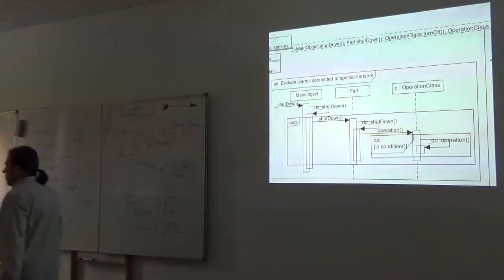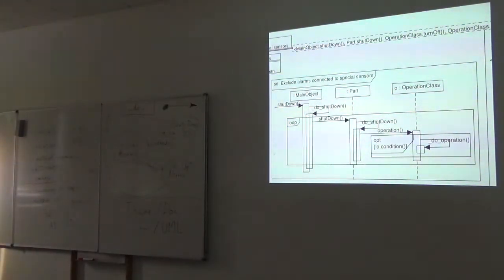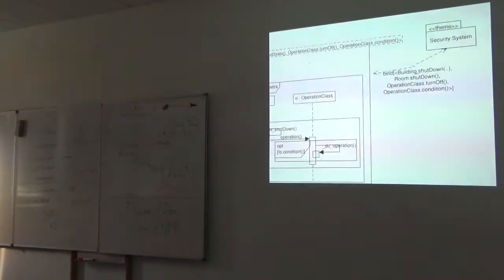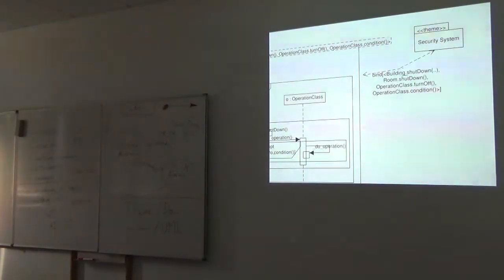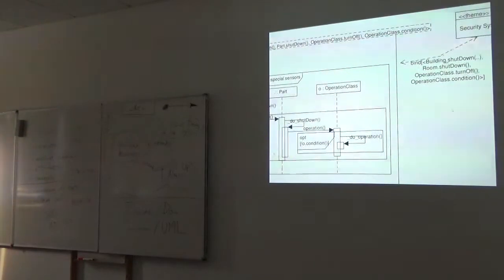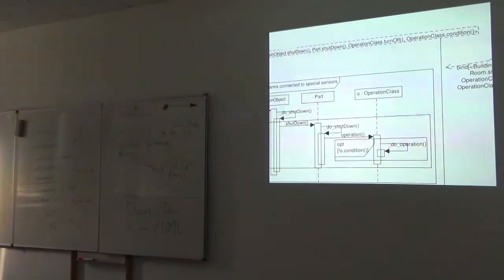And now the binding, of course, is just what I said. So building, room, and operation class, and operation class twice because we need both operations to be considered, turn off and condition. So the same thing that we had before. And so the parameters are just as you would expect.